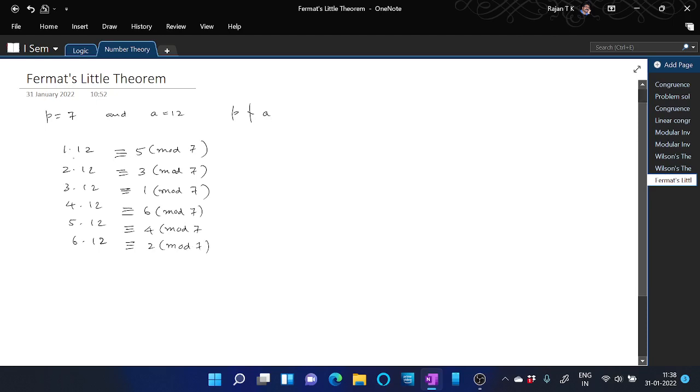So the residues of 1 into 12, 2 into 12, etc. up to 6 into 12 modulo 7 are the same integers 1, 2, 3, 4, 5, 6 but in some order.